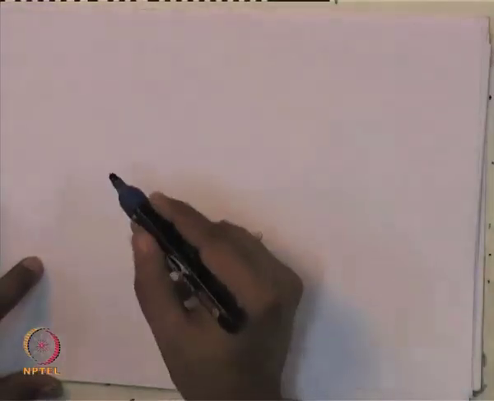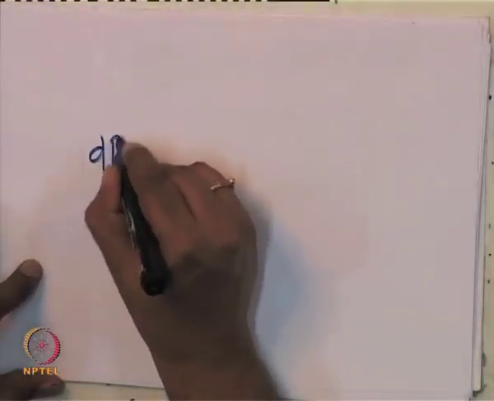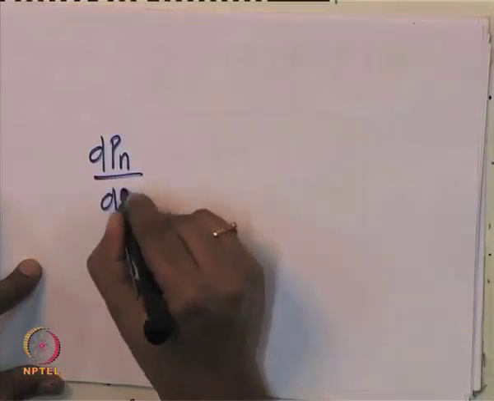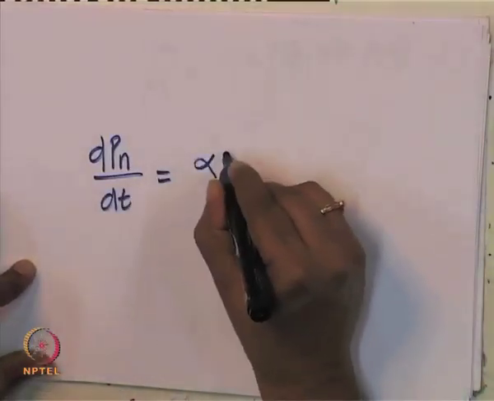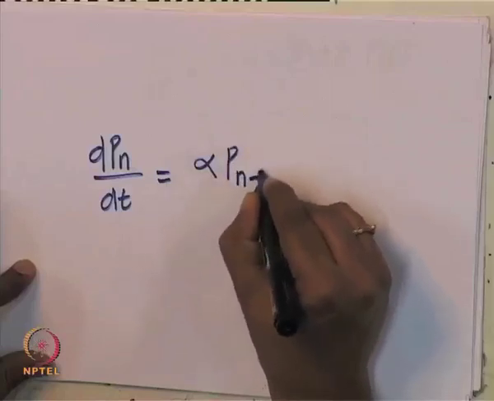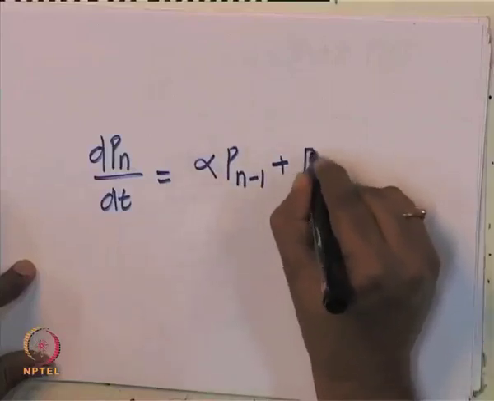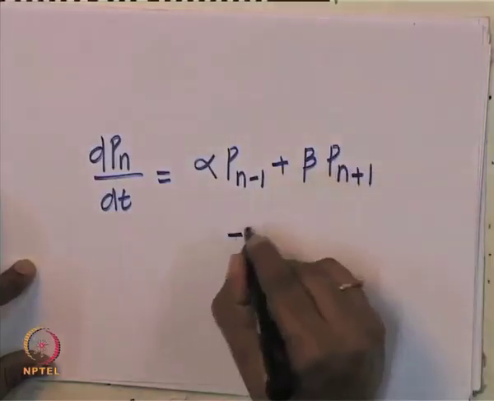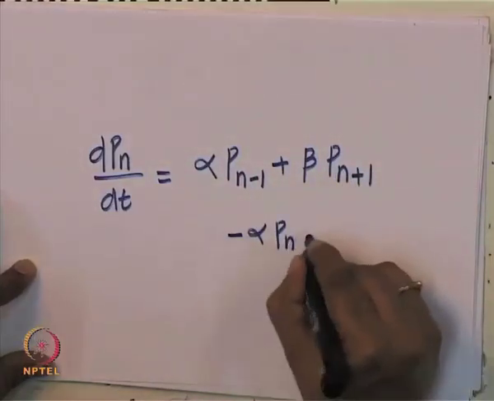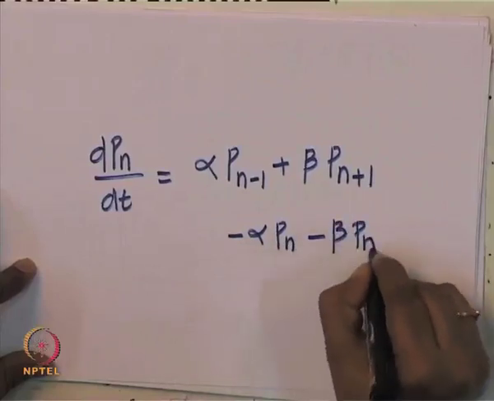So, if we write this in a better way, dPn by dt is equal to alpha into P n minus 1 plus beta into P n plus 1 minus alpha into P n minus beta into P n.